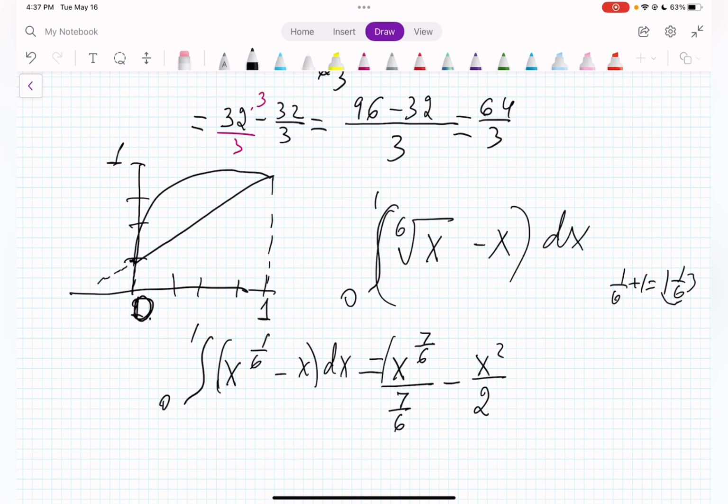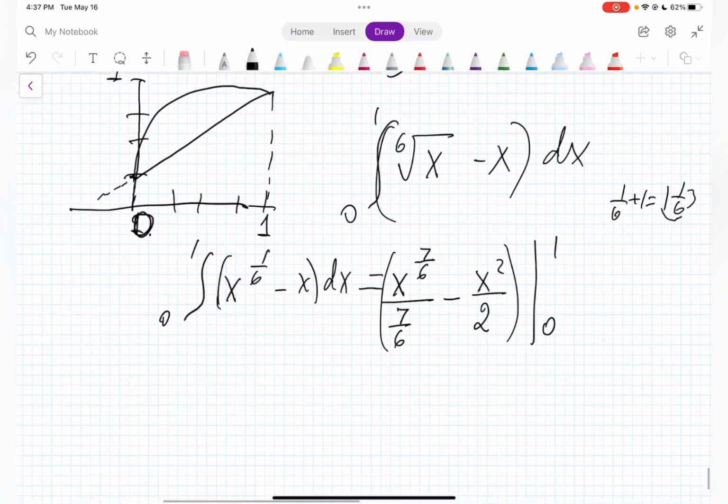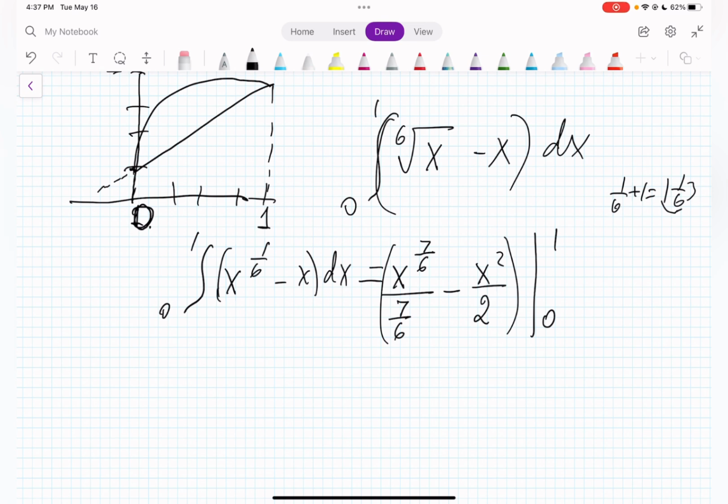And all this is going to be on interval 0 and 1. Okay? So, since we are dividing, this bottom fraction is going to flip. We are getting 6 over 7, x to power 7 over 6, minus x squared over 2, from 0 to 1.